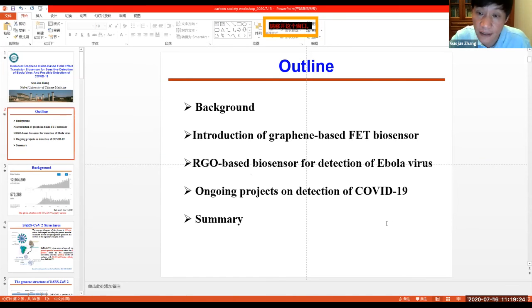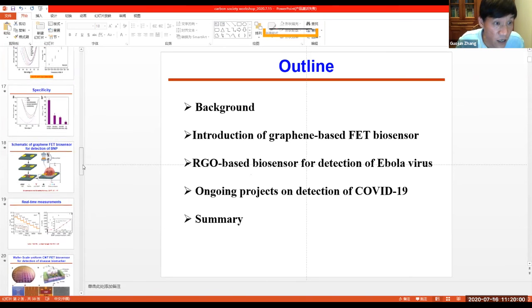Okay. Yeah, it's a very nice question. Actually, the conductivity is very important. The reason we choose graphene or carbon nanotube is because of the good conductivity performance of this material. Because DNA is negatively charged, the signal can be high enough.